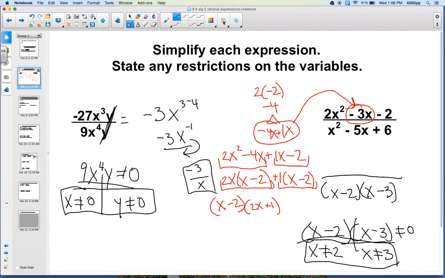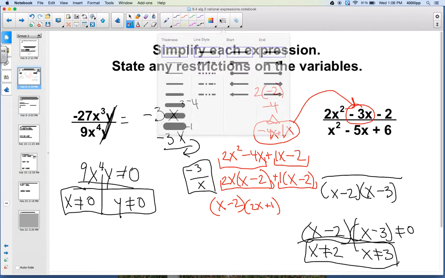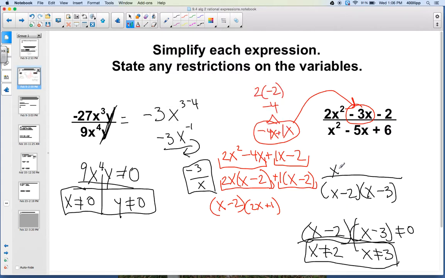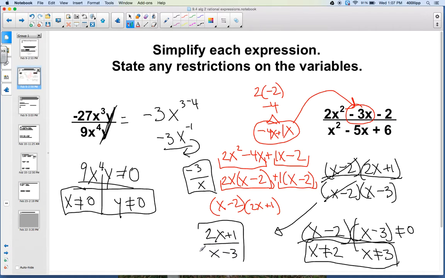So that will be in the numerator as x minus 2 times 2x plus 1. We cancel out the x minus 2's, and we're left with 2x plus 1 over x minus 3. And that is our simplified version.